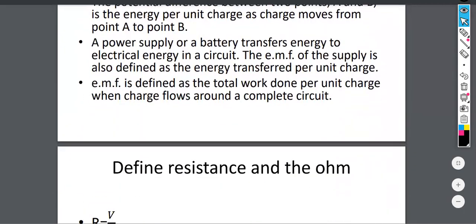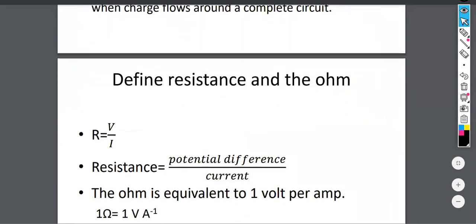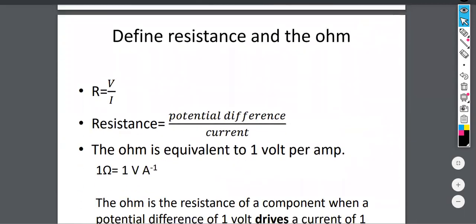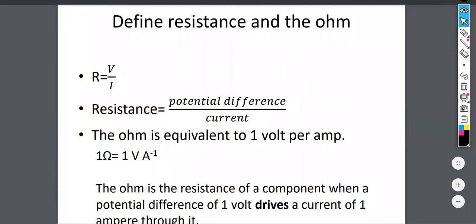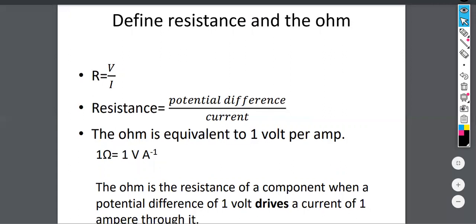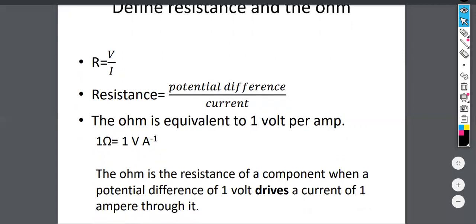I'll explain through it. Okay, so this is called Ohm's law. Resistance equals V over I. And when you don't have resistance in a circuit, let's see here how we could reorganize this.